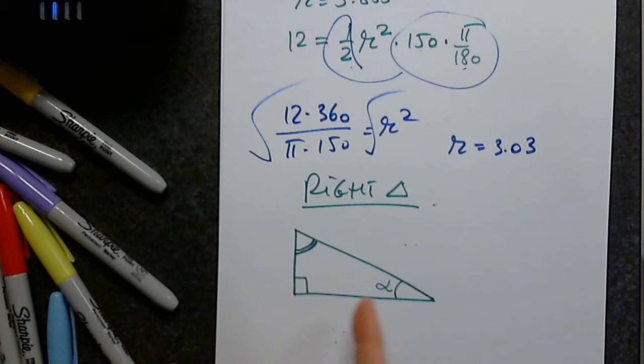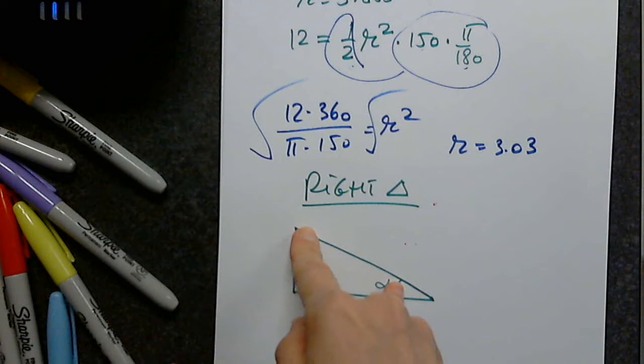If this is 90 degrees and this is alpha, what will the measure of this angle be? Alpha. 90 plus alpha. But minus. Right. If this is 90, this has to be 90.